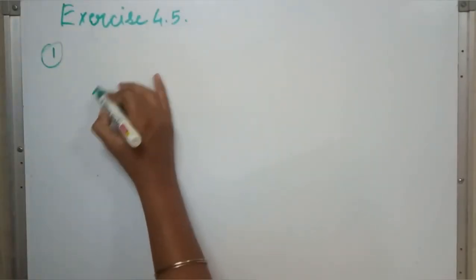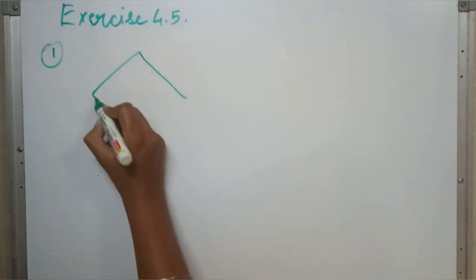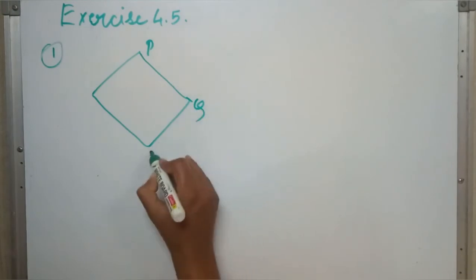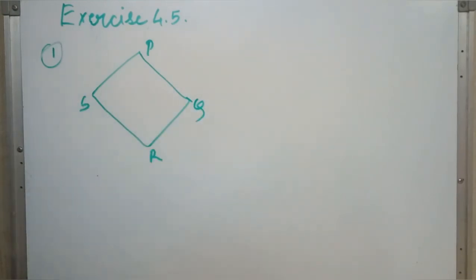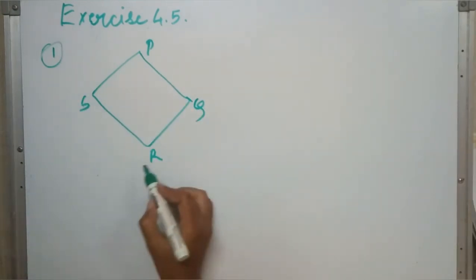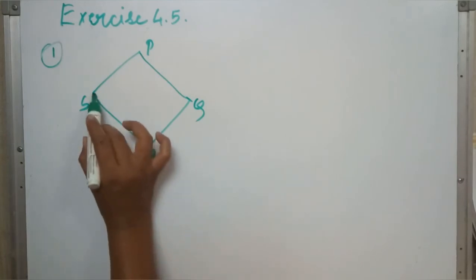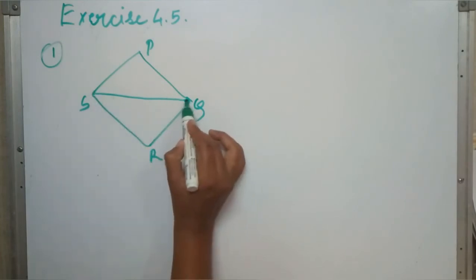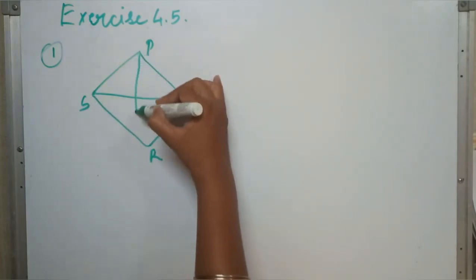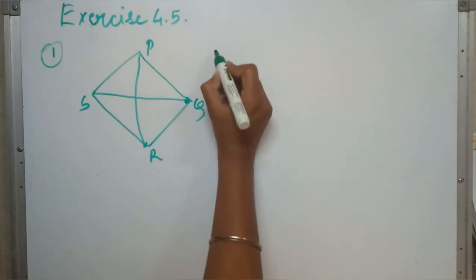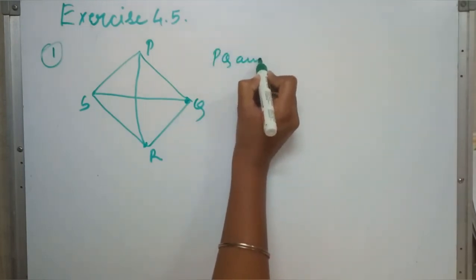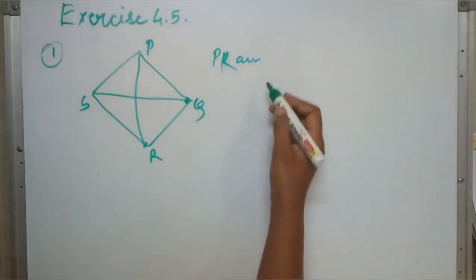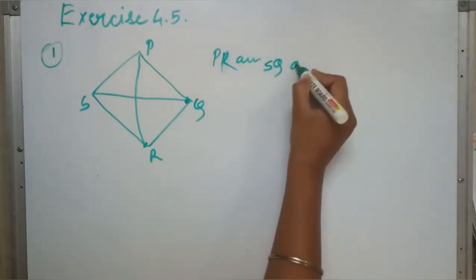Now if I draw any quadrilateral and name it PQRS, and draw its diagonals, we know that diagonal means joining opposite vertices. So this is one diagonal and here is another diagonal. So PR and SQ are diagonals.